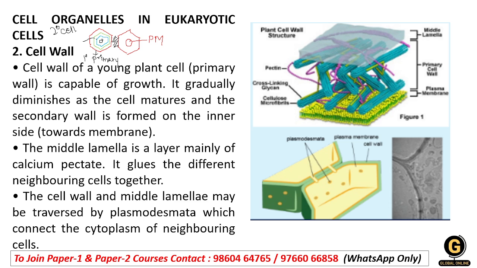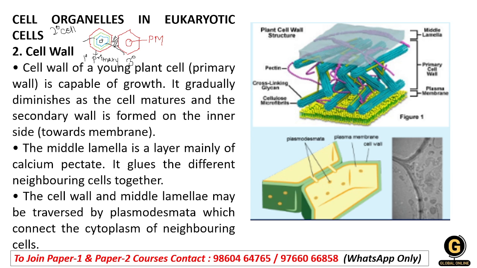No, it is impermeable. How is it? Rigid and made up of pectin and lignin, okay. And the inside blue color is the third degree cell wall, tertiary cell wall. Third degree means tertiary cell wall.